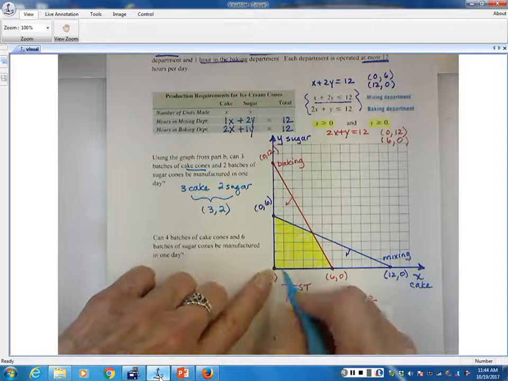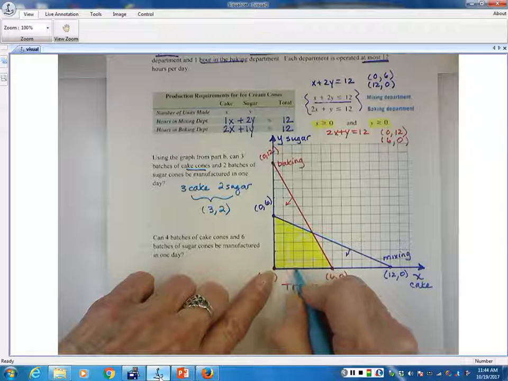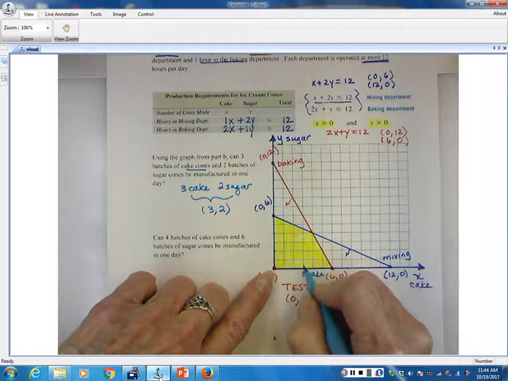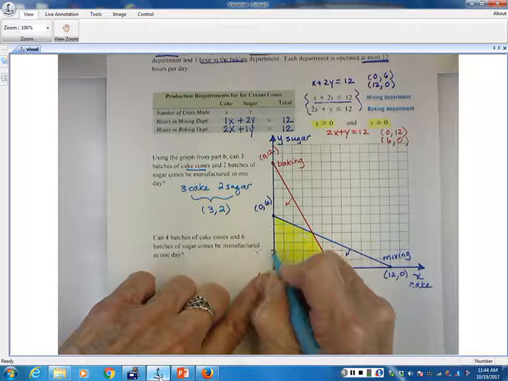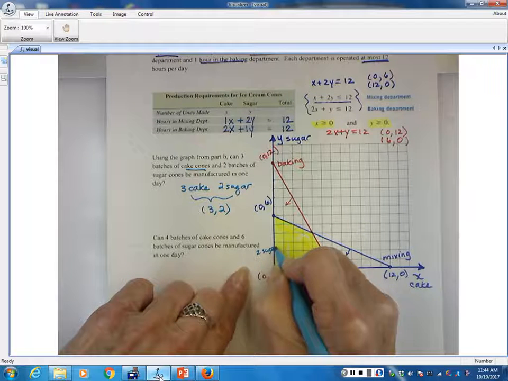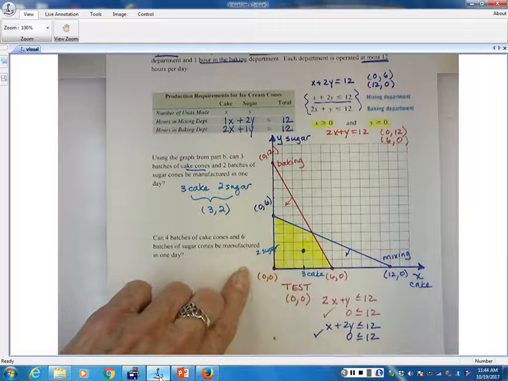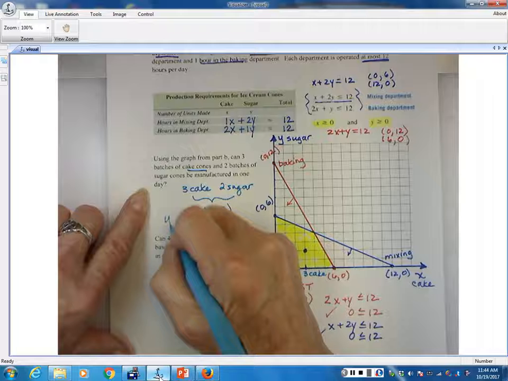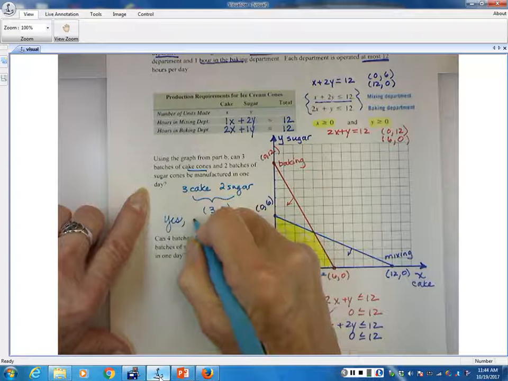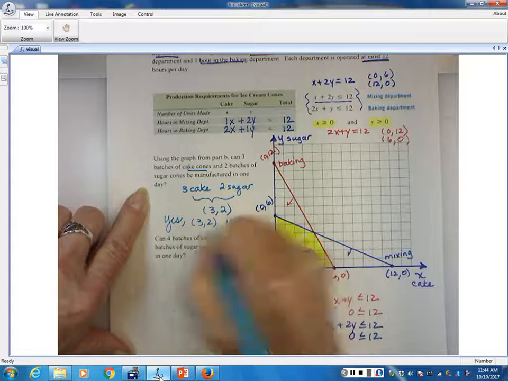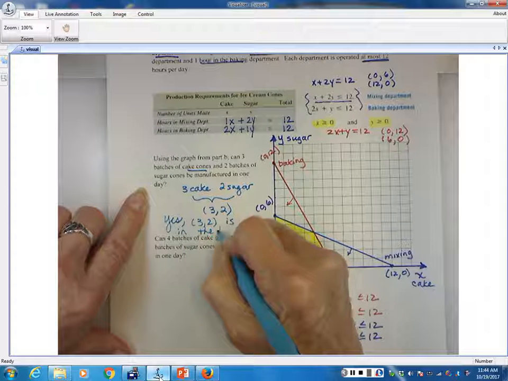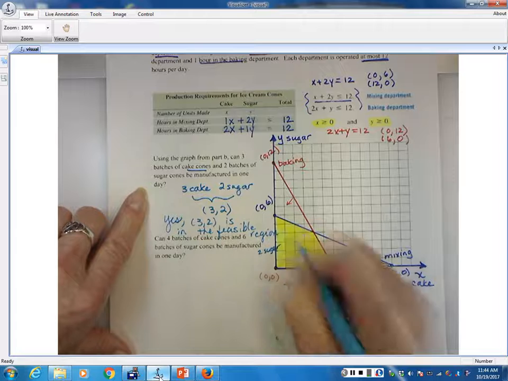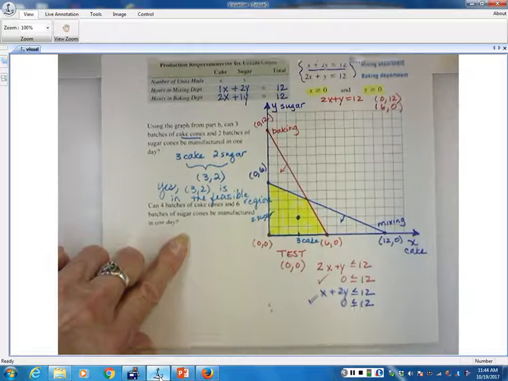And it's in your feasible area, because if you go 1, 2, 3 cake cones, and then go up 1, 2 sugar cones, that's this point right here. So is it feasible to make that? The answer is yes. So yes, it's in the feasible region.